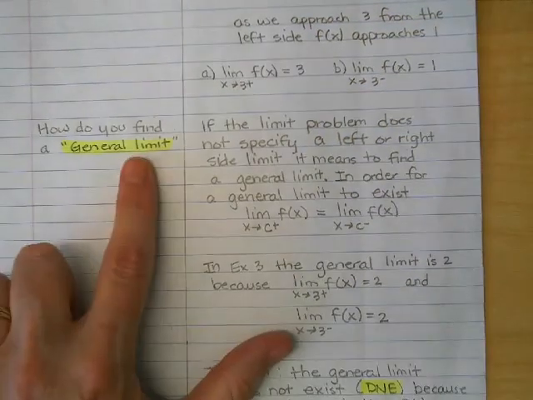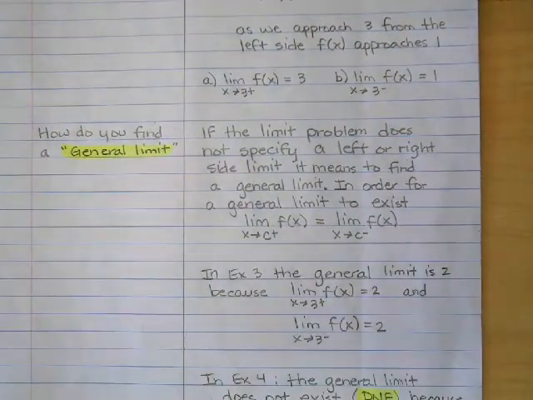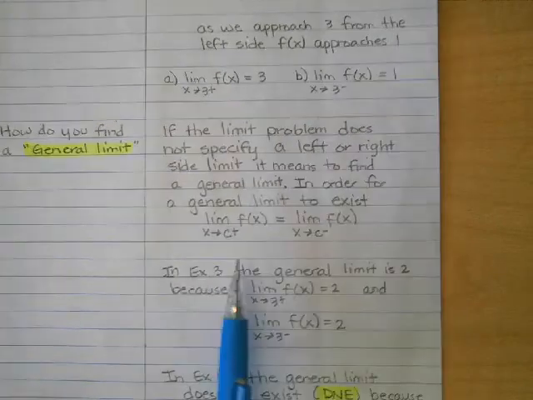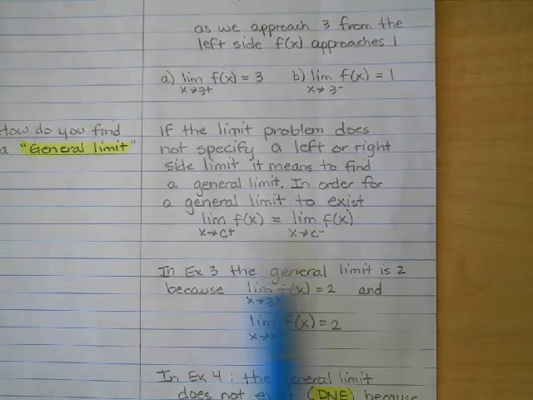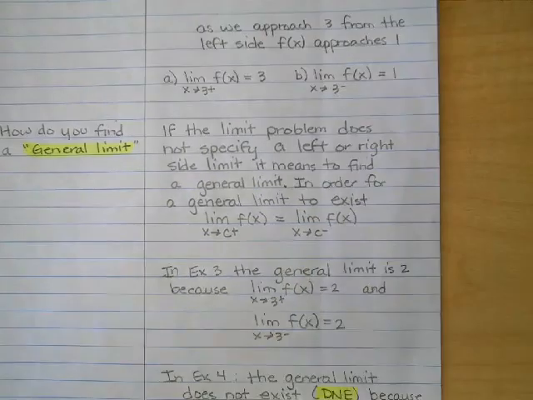Another thing we want to learn about is what we call a general limit. Usually you would have to know that we're talking about a one-sided limit. Normally, if I ask you what the limit of something is, you have to assume that you're finding the general limit. The general limit says that you have to have the limit from the left and the right, and they have to be equal to each other. As long as they're equal, the limit exists.